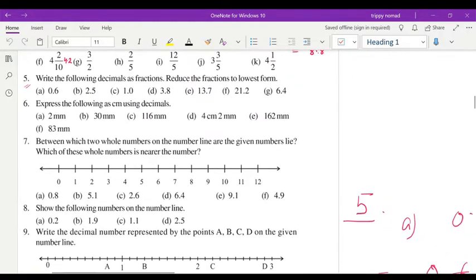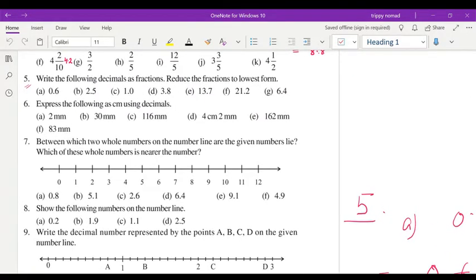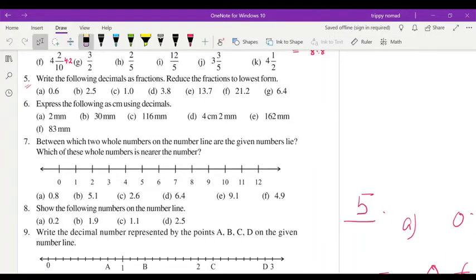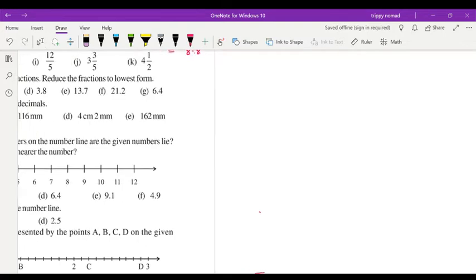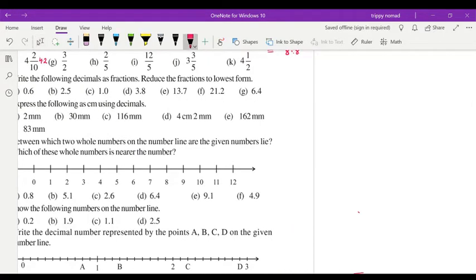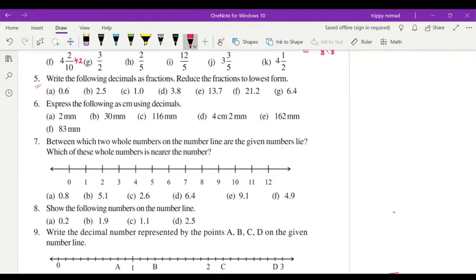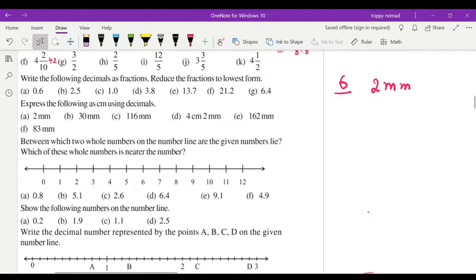Okay, I am doing it for you here. First question, children, I am going to write 2 millimeter. Question number 6: 2 millimeter, and second, 30 millimeter.